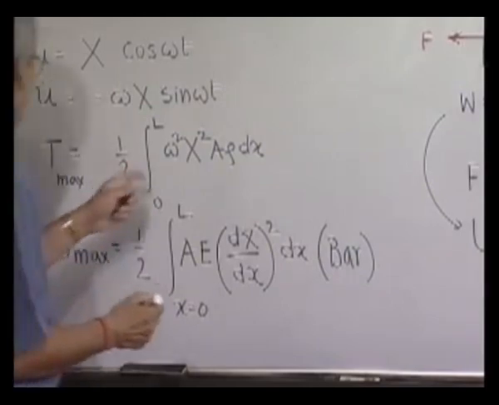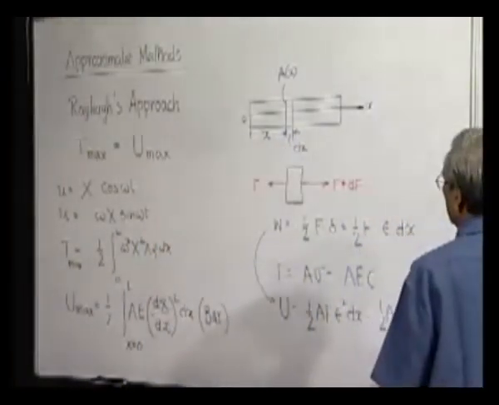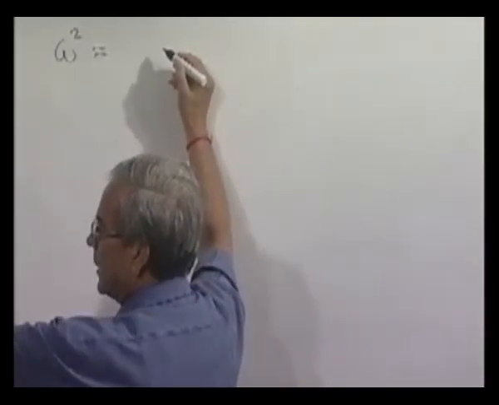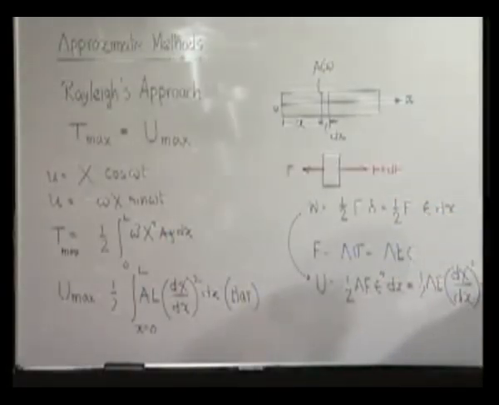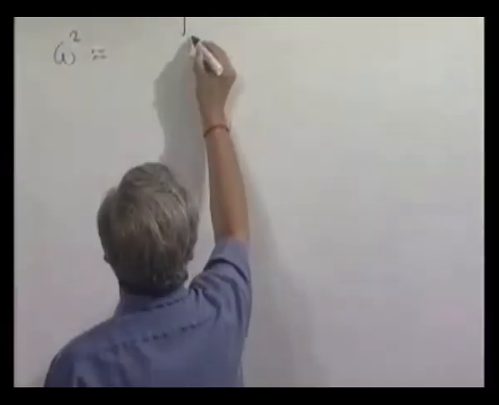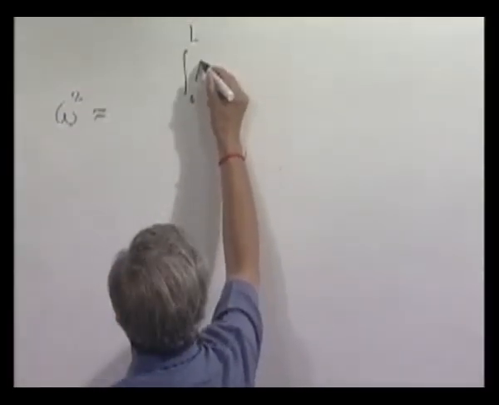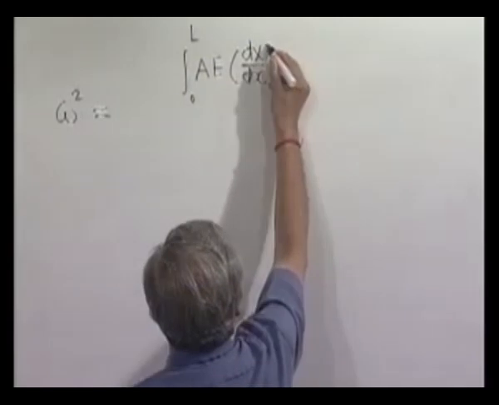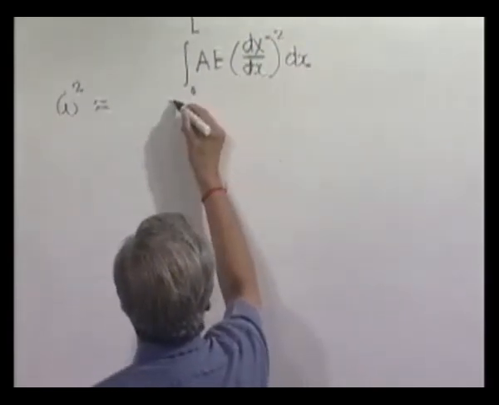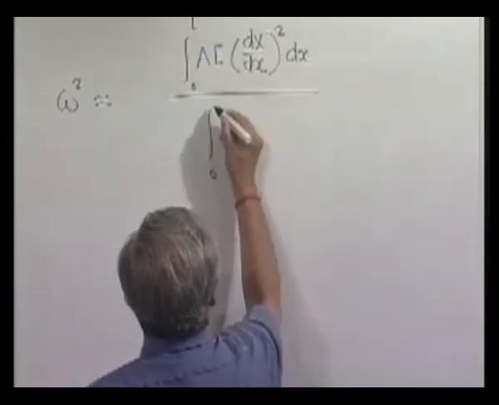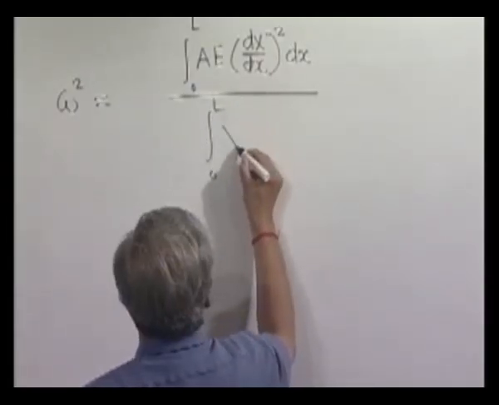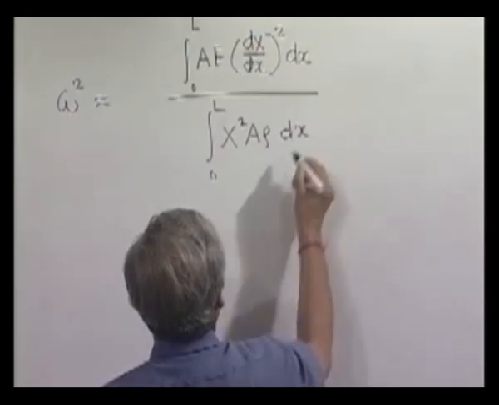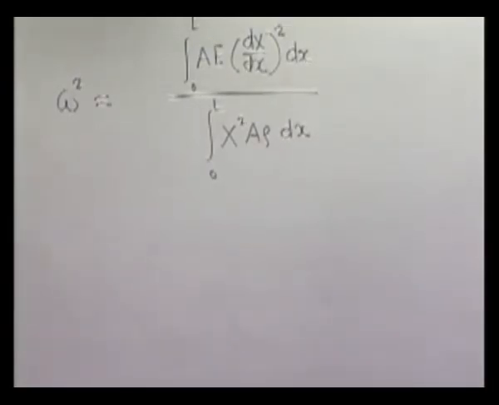Now what we find is that omega being the same for all the elements, omega can be approximately written as, from the T max is equal to U max condition, omega square equal to U max by T max, where A, E, rho, everything can all be functions of x.